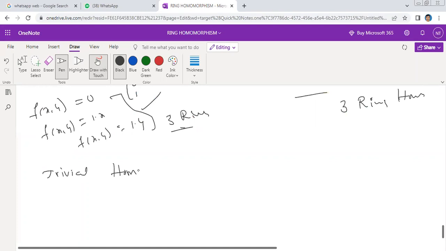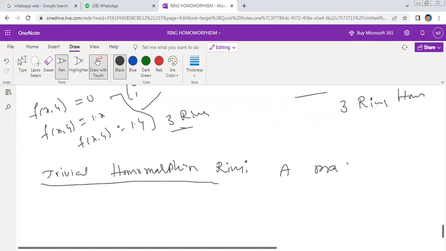Trivial homomorphism of a ring. Right, a mapping f: R to S, where R is a ring and S is a ring. Both are rings.